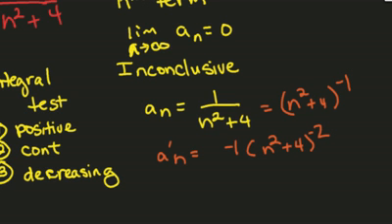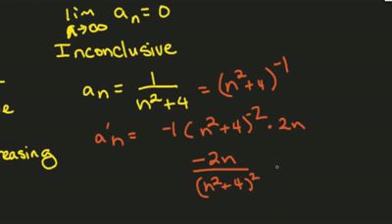Am I done? What's left for the chain rule? No, you got to take the inside. Good. Derivative of the inside is going to be 2n. Good job. So then this negative exponent comes back down, becomes positive, and then we have negative 2n over (n squared plus 4) squared.